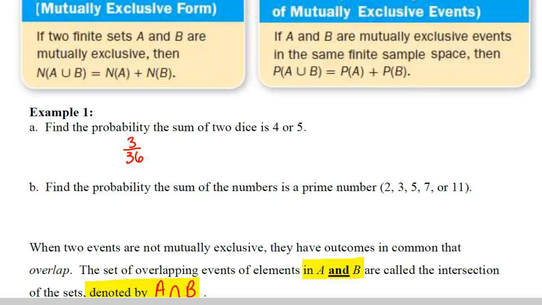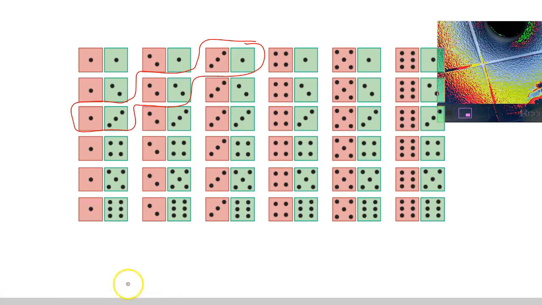Now you notice I didn't reduce that. The reason why is because we have the word "or." So we want to find the probability next of having a sum of 5, and we're going to add this probability to another one. So it's best if we keep our fractions unreduced, so that they have a common denominator and we can add them together. Now let's look at the number of times that we would have a sum of 5.